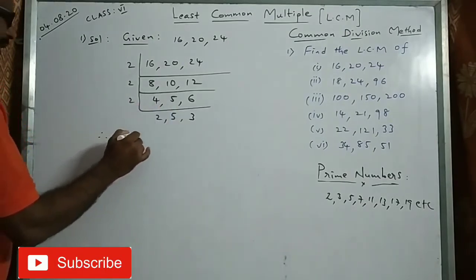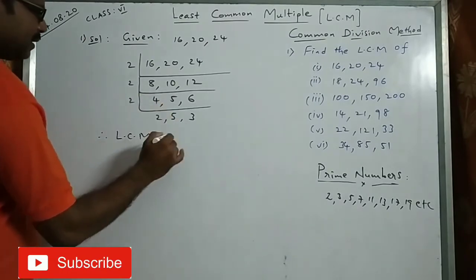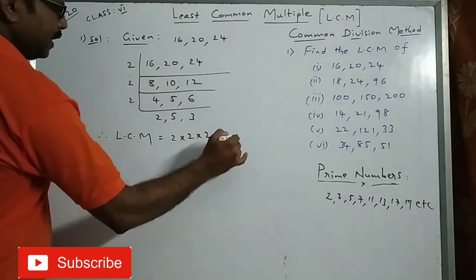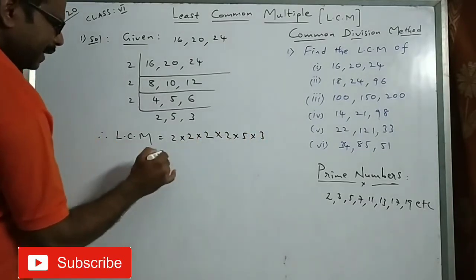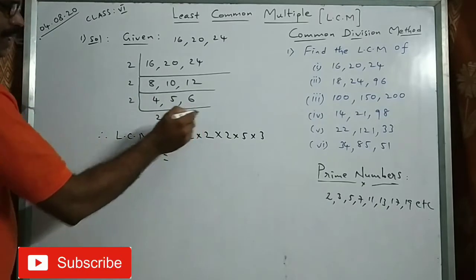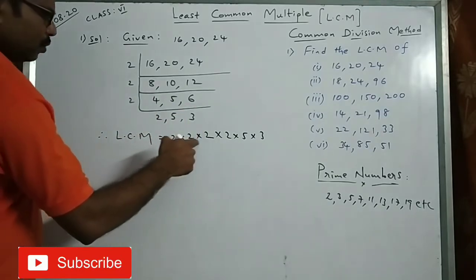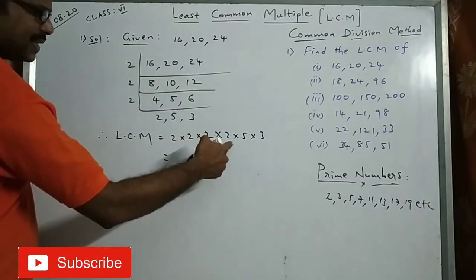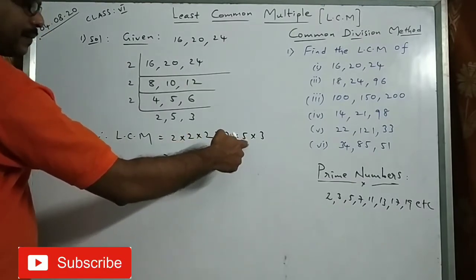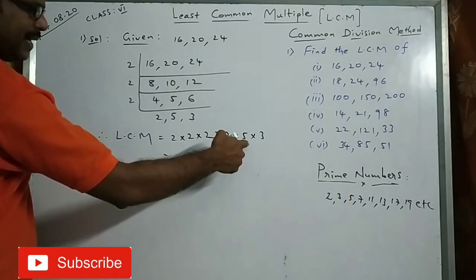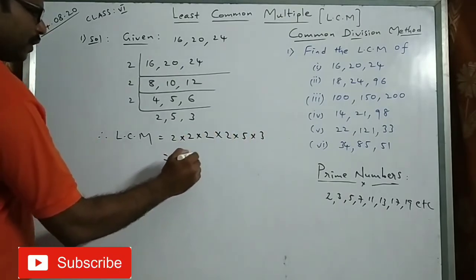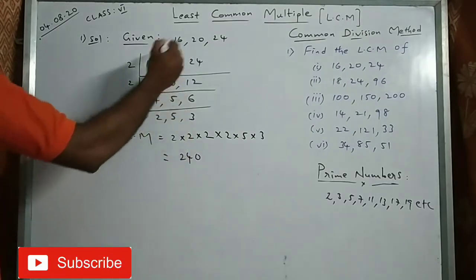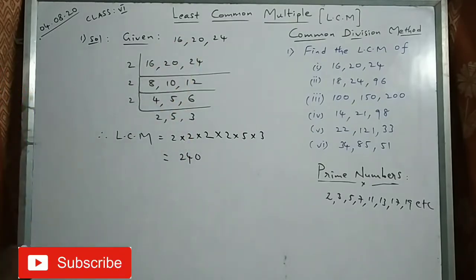Therefore, LCM of the given numbers is 2 into 2 into 2 into 2 into 5 into 3. Multiply all these remainders. Okay, 2 2 2 2 5 3. 2 2s are 4, 4 2s are 8, 8 2s are 16, 16 5s are 80, 80 3s are 240. So what is the least common multiple of the given numbers? 240.